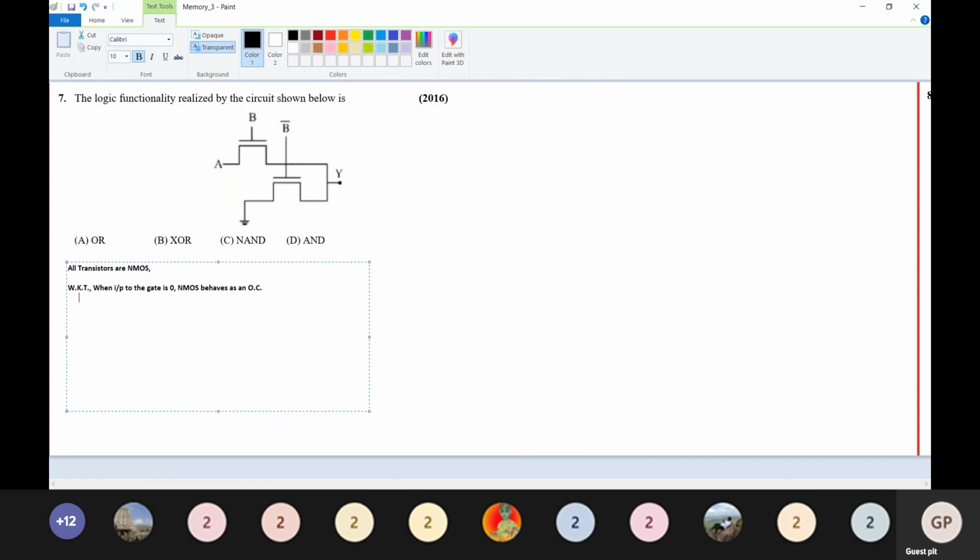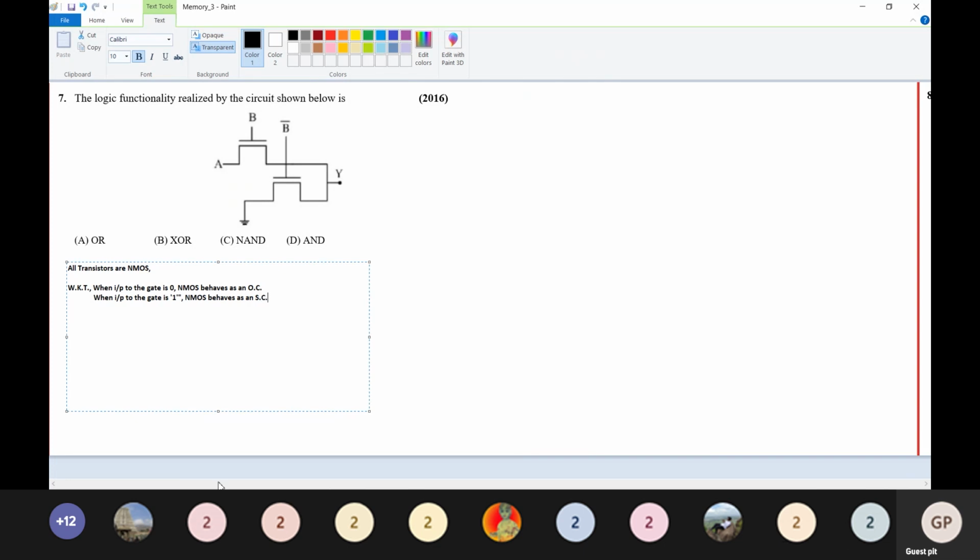Similarly, when the input to the gate is 1, NMOS behaves as a closed circuit.